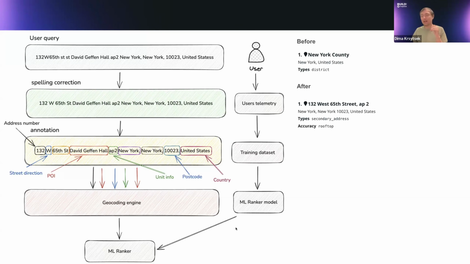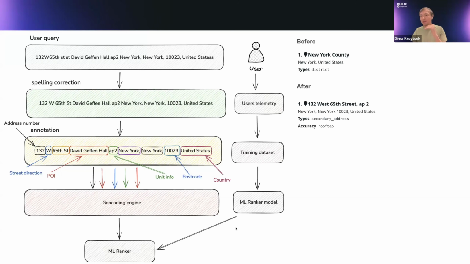Next step is annotation. We created a model that can get a user query and annotate each token in it. For example, like we see here, the model found the address number 132, street, direction, POI, unit info, postcode, country.